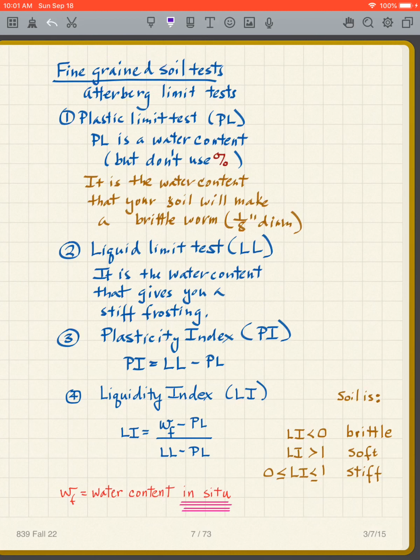So each soil is different. It's not like the flour or the powdered sugar in your kitchen.